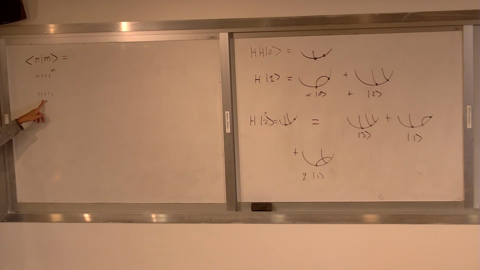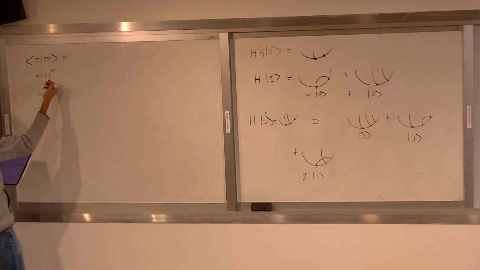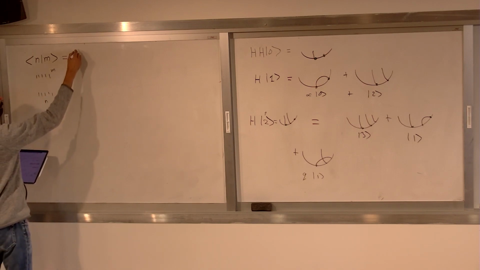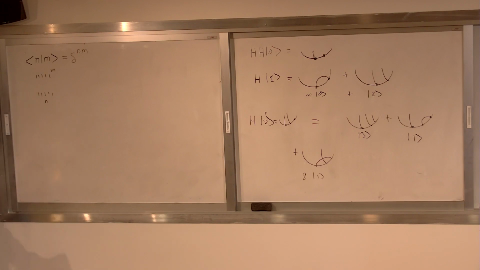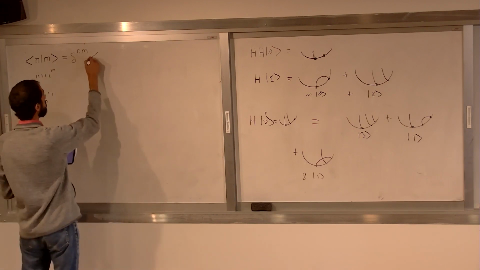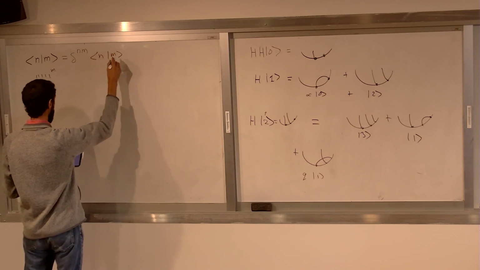They're allowed only to contract with the states in the bra, because otherwise I would not have called this thing an n state. But then this means that this thing has to be proportional to delta nm. So it is diagonal. That's good. Times nn.